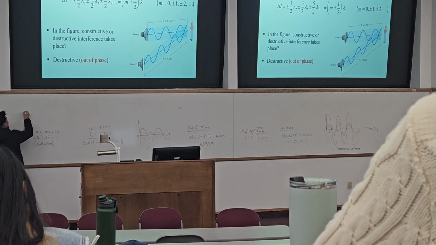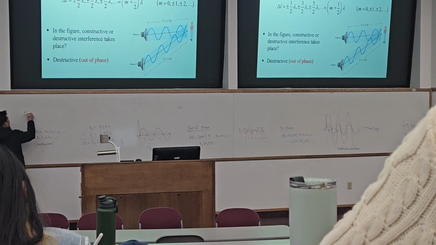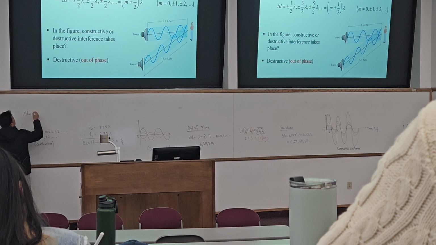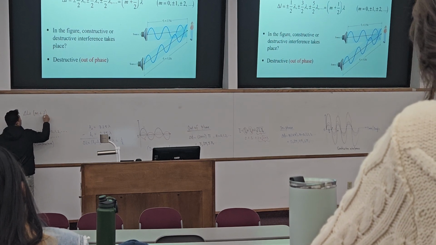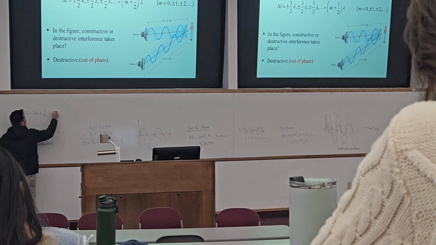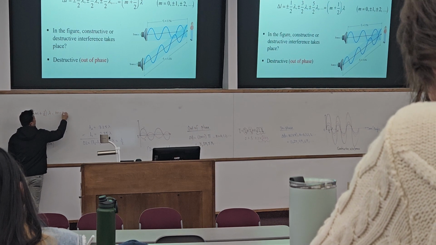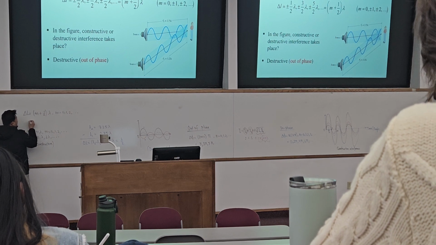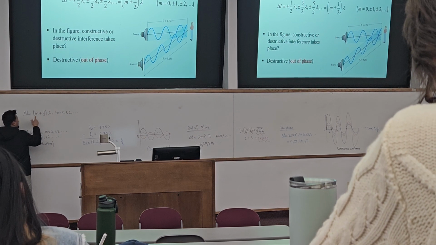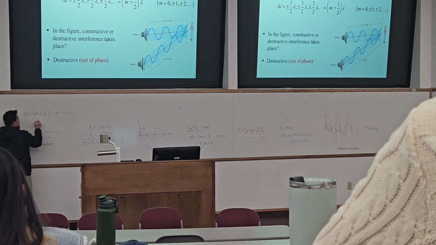If you have a delta L that is (n plus 1 over 2) times lambda, where n is again 0, 1, 2, keep on going like that, then you have a destructive interference. So n equal to 0 gives lambda over 2.